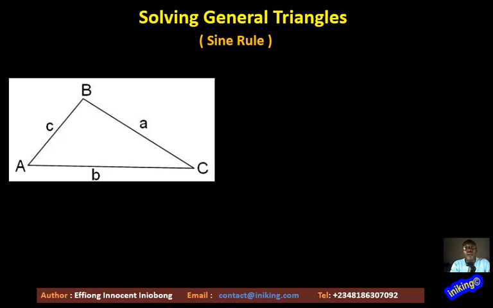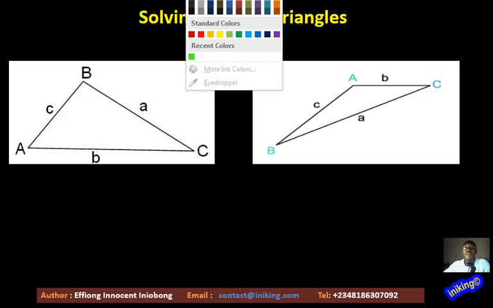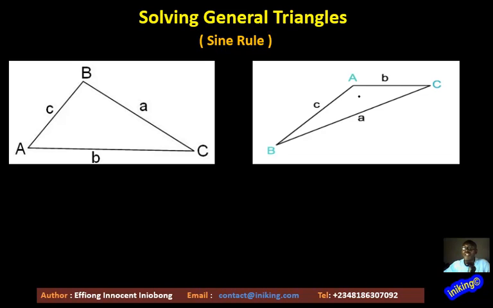The rule does not cover only acute angle triangles. It also covers obtuse angle triangles, that is, triangles where one of the angles may even be greater than 90 degrees, as you can see on the screen here. We have a second triangle to our right, and you can see here that the angle A is obviously greater than 90.